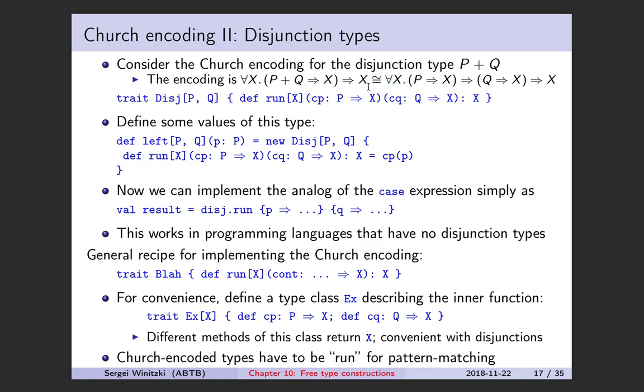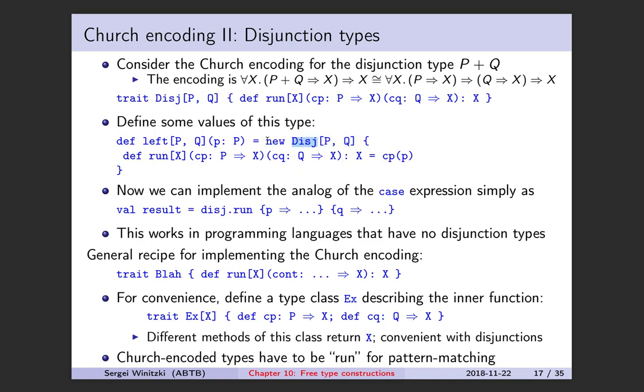And it's very easy to just write down this function signature like this. So how can we define values of this type? So for example, we define left. Given some value of type p, we want to define the left part of the disjunction. We need to create a value of type disjunction.